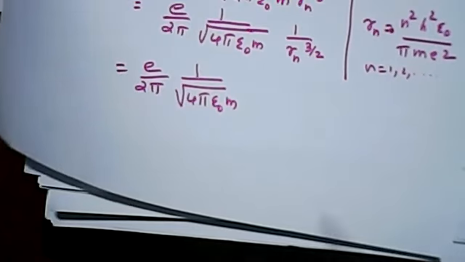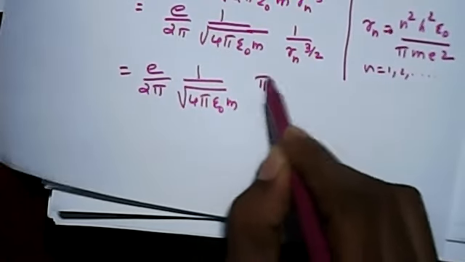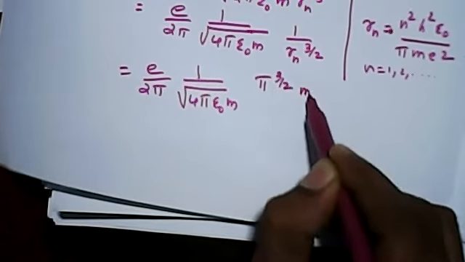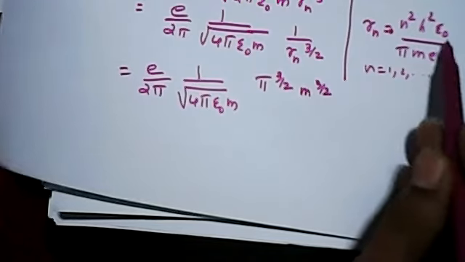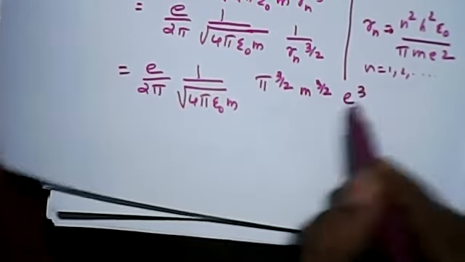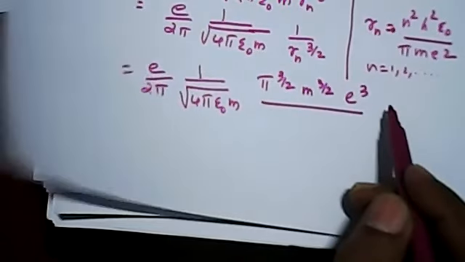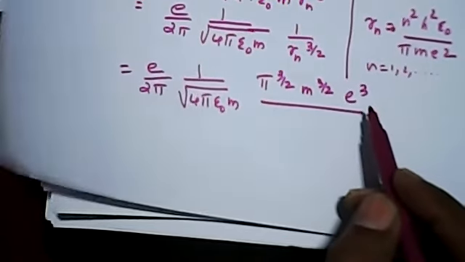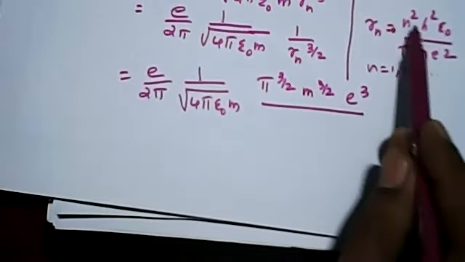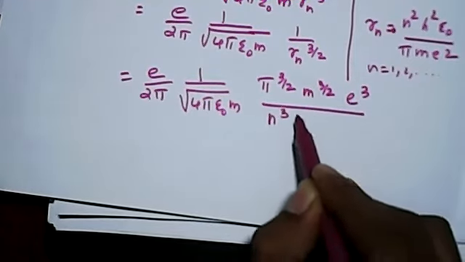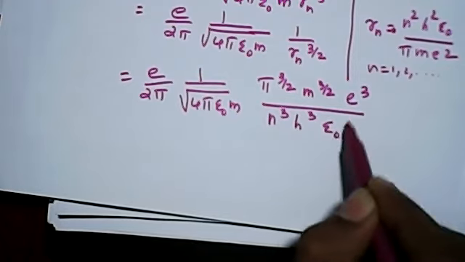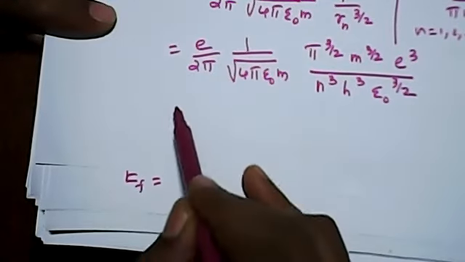To the power of 3 by 2, that becomes pi to the power of 3 by 2, m to the power of 3 by 2, then e to the power of 3 by 2, that becomes e cube, divided by, in the denominator, n cube h cube epsilon 0 to the power of 3 by 2. Simplify this.